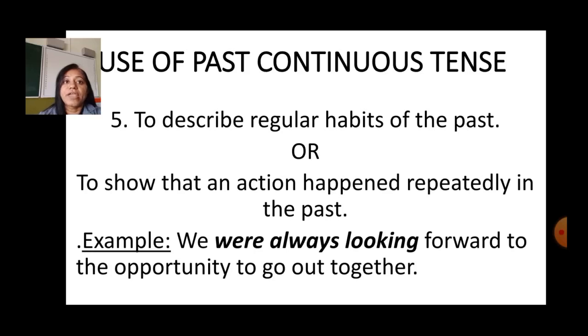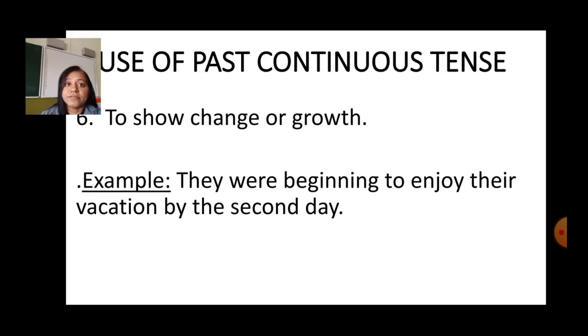We also use it to describe regular habits of the past or to show that an action happened repeatedly in the past. For example, we were always looking forward to the opportunity to go out together. Here, the action happened repeatedly in the past, or we can say it is a regular habit. At that time, we use past continuous tense.